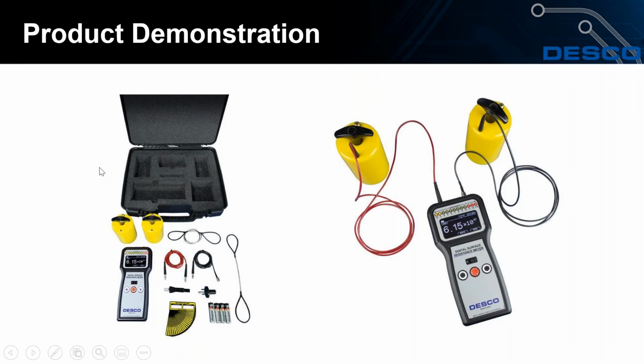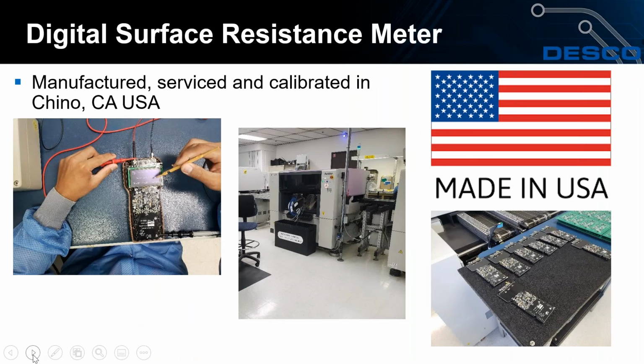That concludes the product demonstration portion of our presentation, but I can answer more questions if you want. I've been talking about a lot of our testers. Obviously, we make these testers ourselves. For those who may be new to Desco, we actually make the products that we sell here in America in our factories.